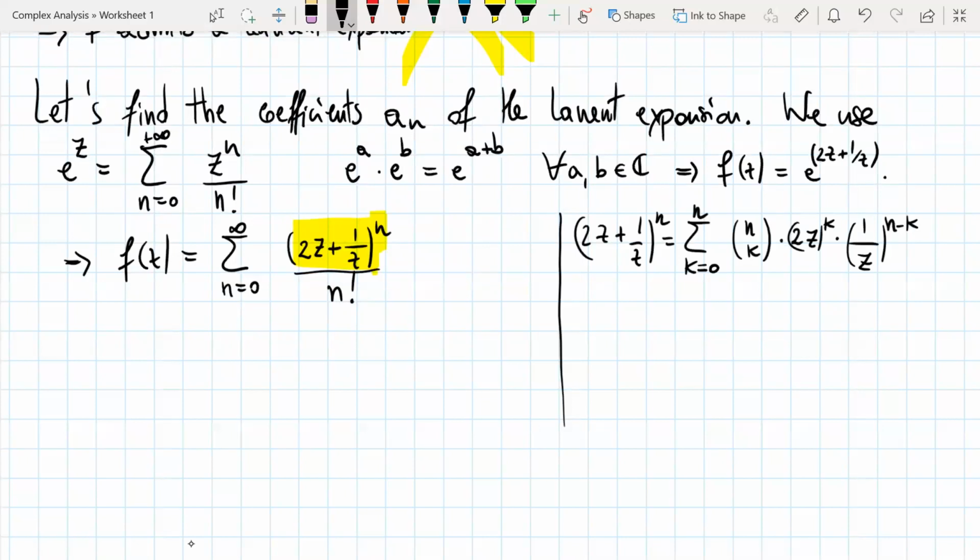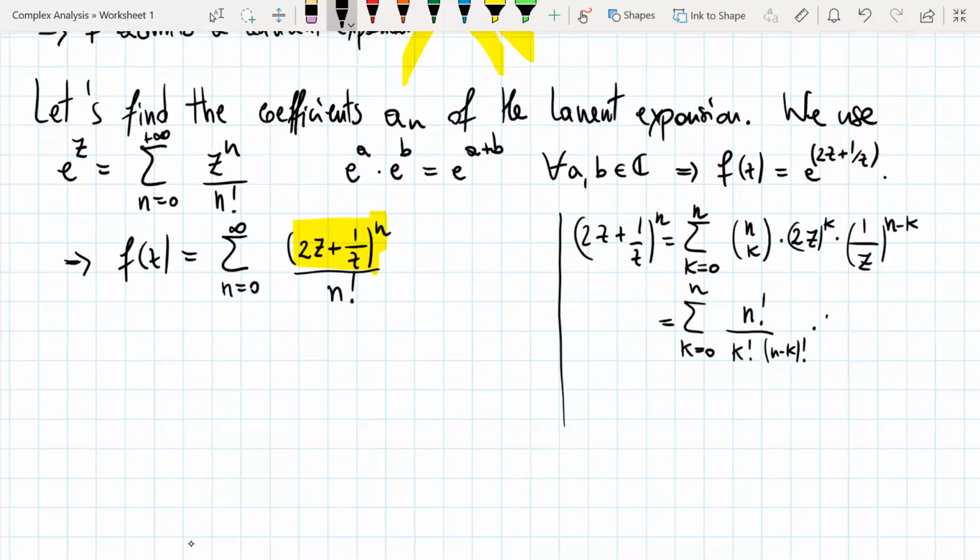So let me simplify a bit this expression. So the binomial coefficient, remember it's n factorial divided by k factorial times n minus k factorial.